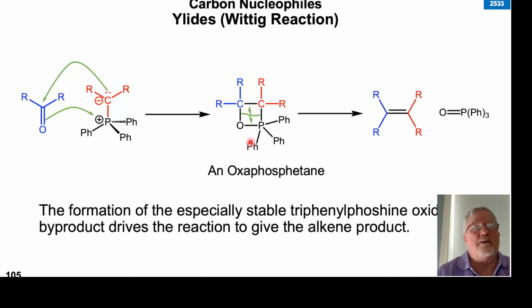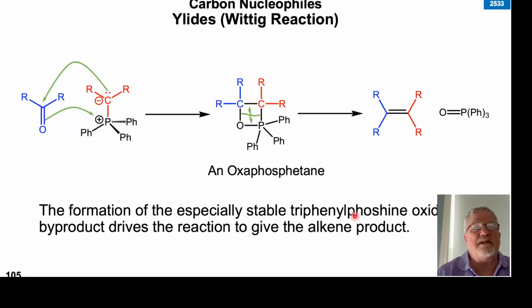This is called, and then it will just collapse. We see the movement of the electrons in the carbon-phosphorus bond reorganize to form a carbon-carbon double bond, and the electrons that are in the carbon-oxygen bond reorganize to form the phosphorus-oxygen double bond. This goes in high yield.